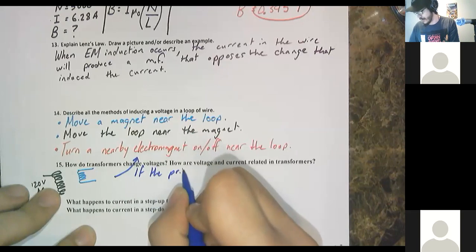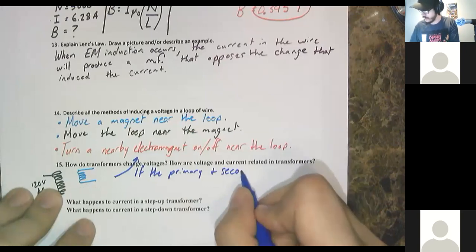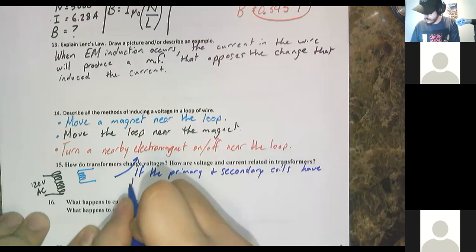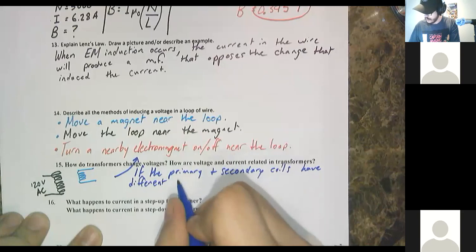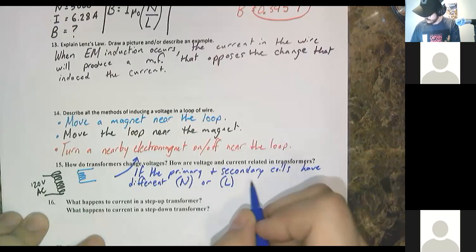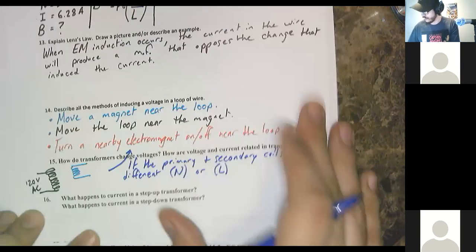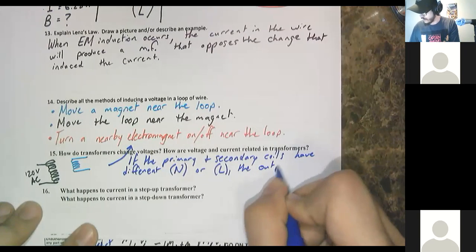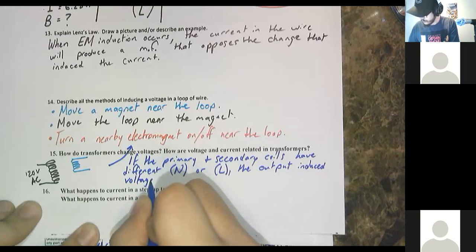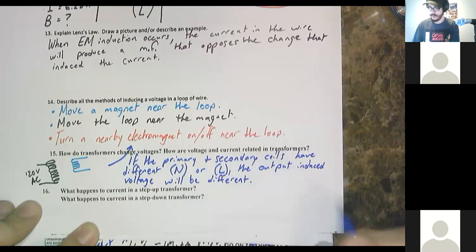If the primary, that is the input coil, and secondary, that is the output coil, have different numbers of loops or length, as in this equation here, the output induced voltage will be different, aka it will be transformed into something else.